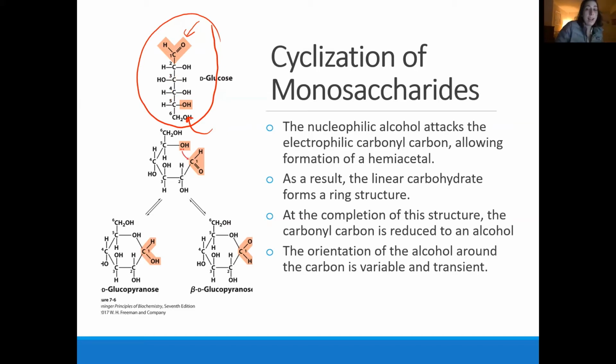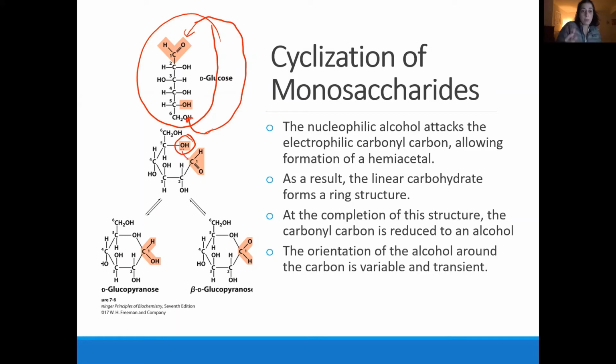So the very last chiral center with an alcohol on it, that alcohol is the one that reacts with our top aldehyde or ketone, forming a loop. And you can see the loop starting to form here. Here is that bottom OH group. Now notice our CH2OH group, this very bottom group, is still on the linear chain. It's not the one reacting.